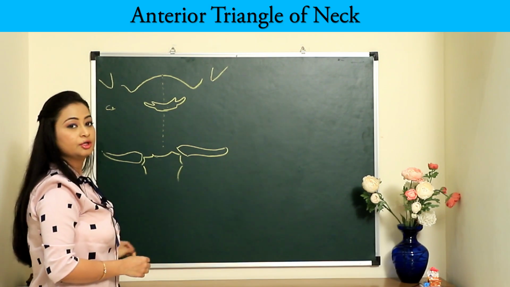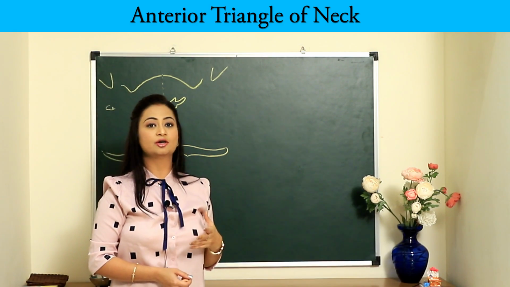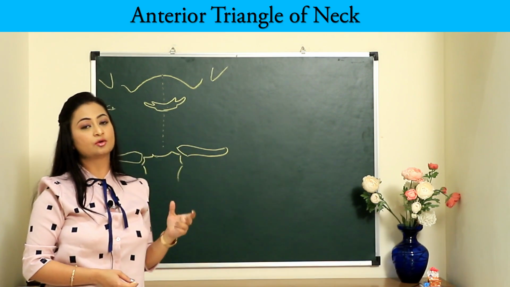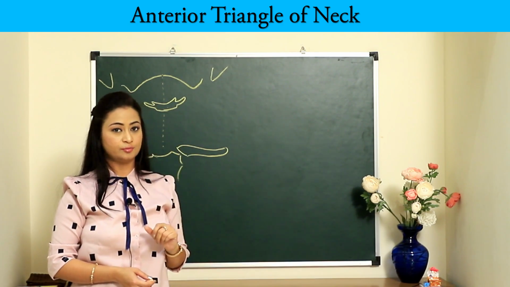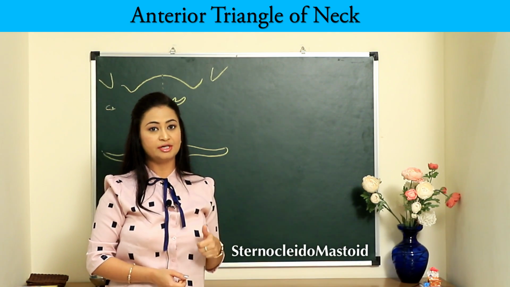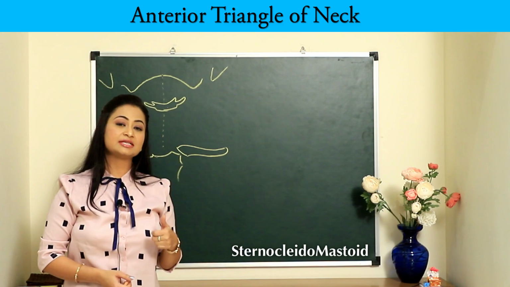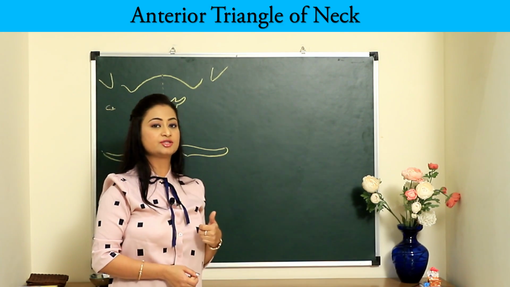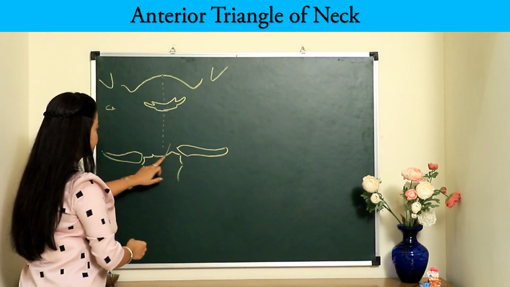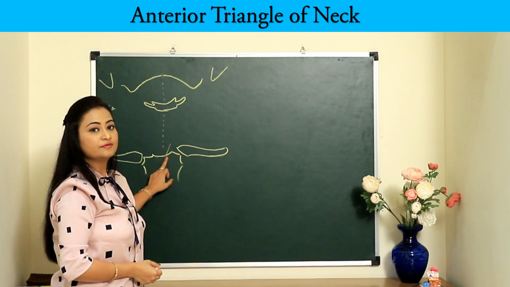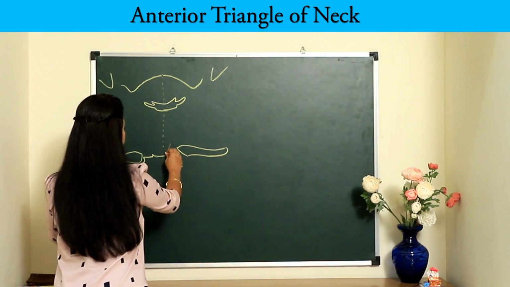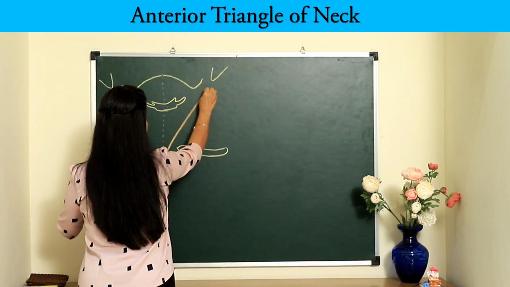Now moving on to the most important muscle of this region, a key muscle which divides the whole neck into the anterior and the posterior triangles, which is the sternocleidomastoid muscle. Now this muscle has basically two heads of origin. One is your sternal head, which arises from the upper part of the anterior surface of the manubrium sterni. So this is one head.